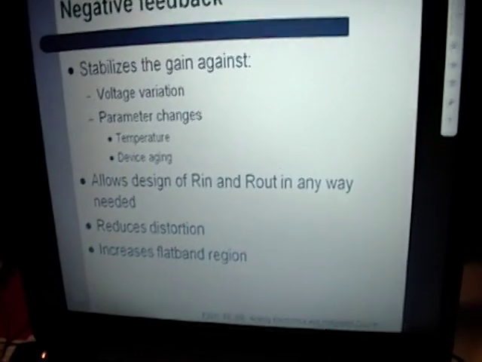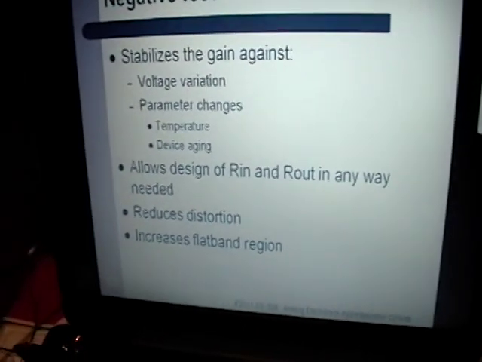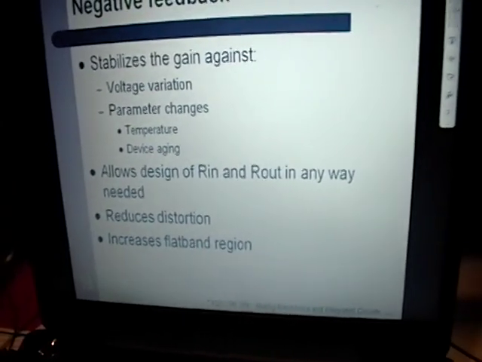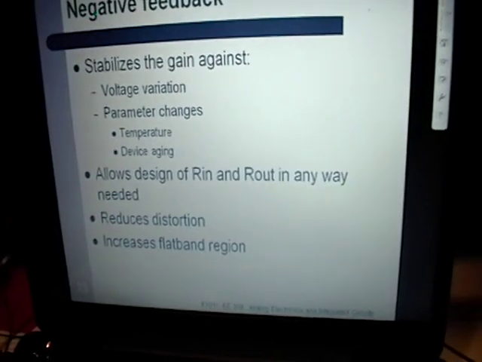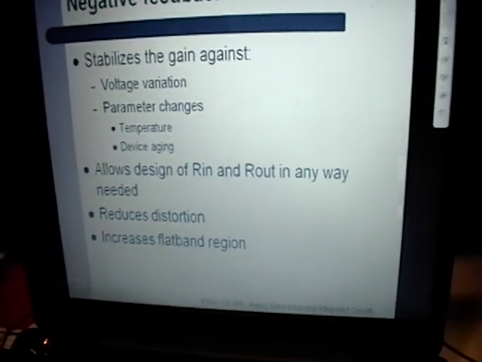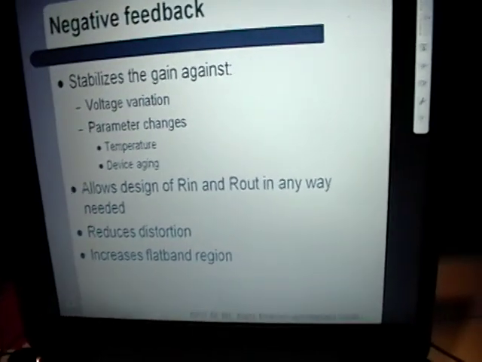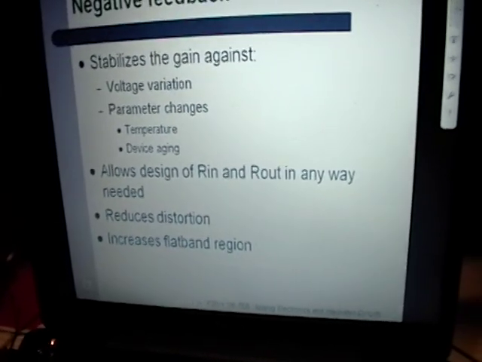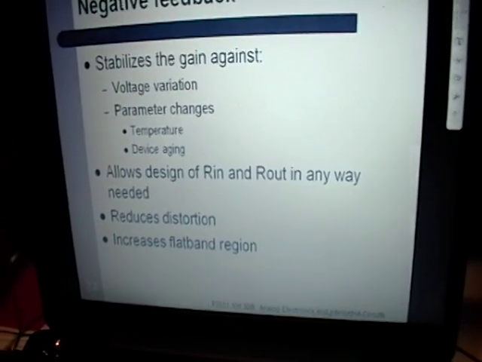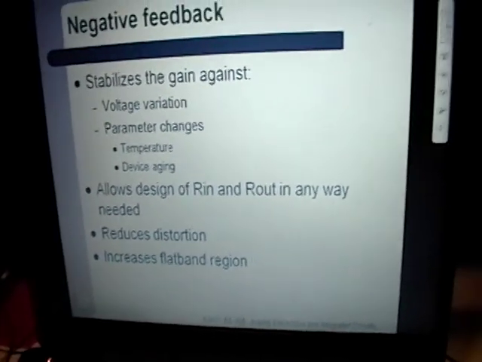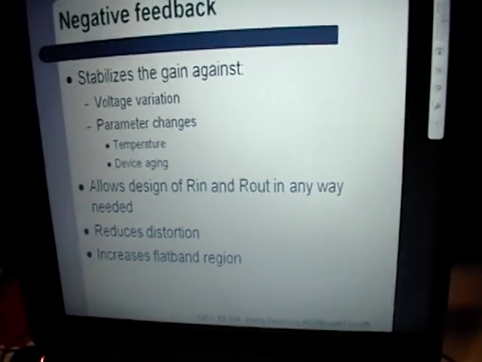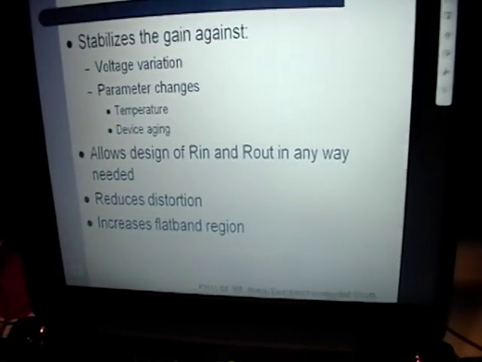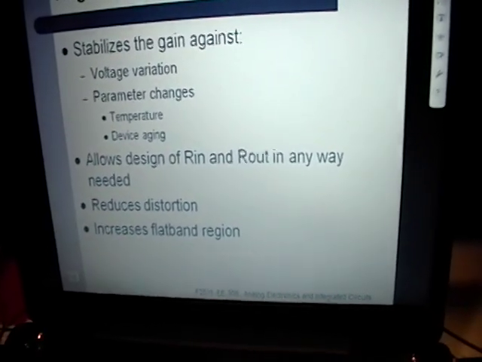Something else you get when you start using feedback is that your R in and your R out will also change by a factor of 1 plus T in the direction you want them to go. What I mean by that is, let's go with a voltage input amplifier. If you have a voltage input amplifier, you like to have your R in equal infinity.